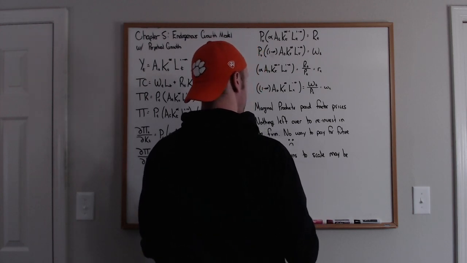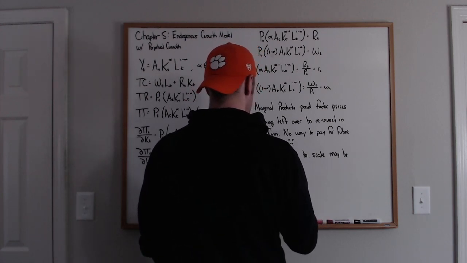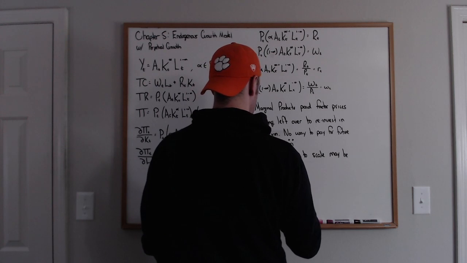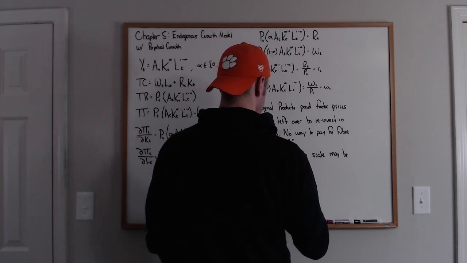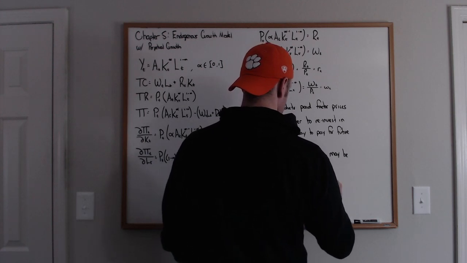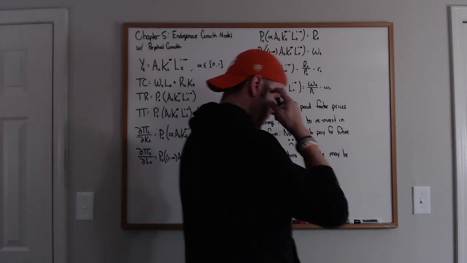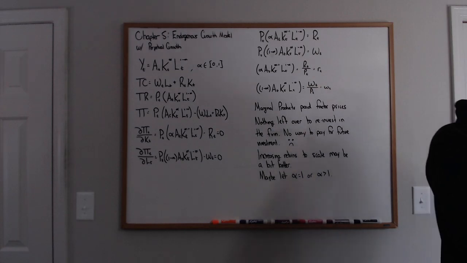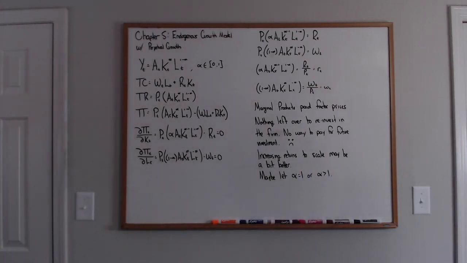How would we do that? Well, one way we could possibly do it is we could let alpha be equal to 1 or larger than 1. That might make things a little bit easier.